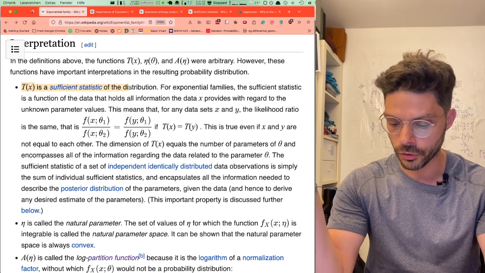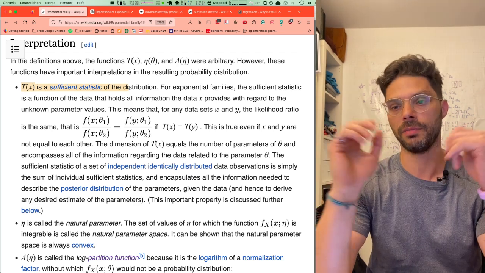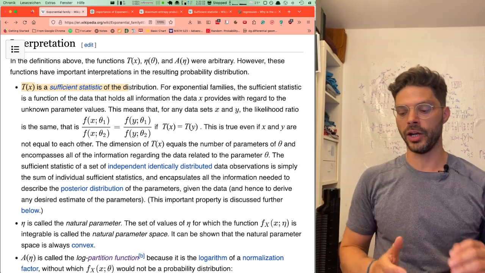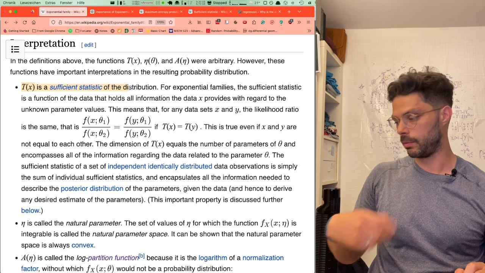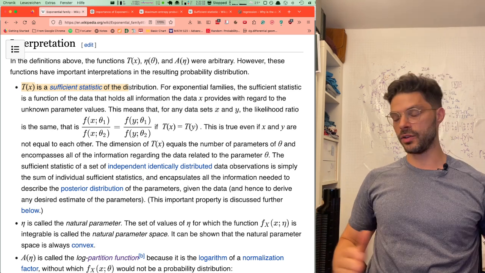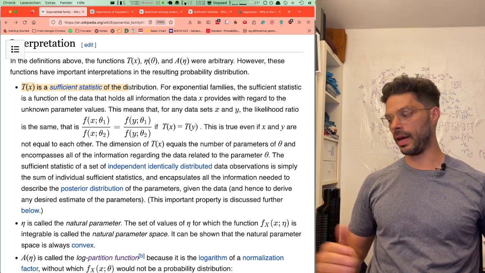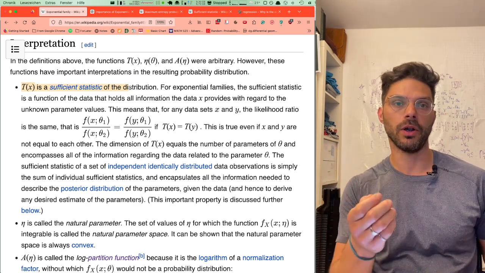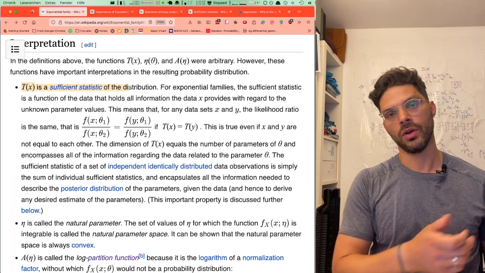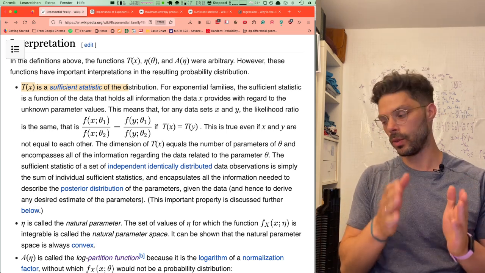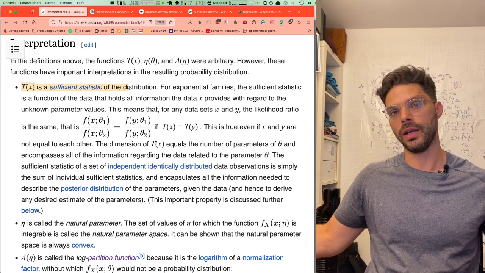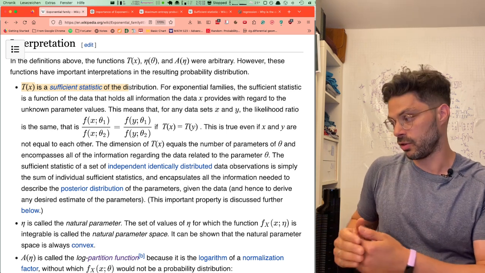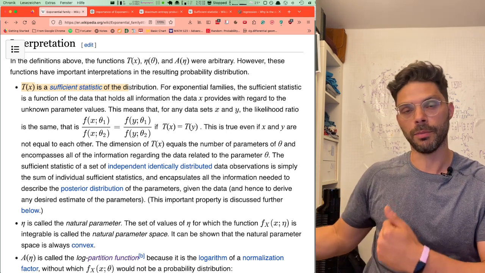One example is when your data is coming from a normal distribution, and let's say you know the variance, but you don't know the mean. The normal distribution is in the exponential family, and now you observe a bunch of samples of that. You can have 100,000 examples, and now you want to infer the mean of that distribution. It turns out that the way the mean depends on those data points can be summarized by just the sample mean, the average of the points you've already observed.